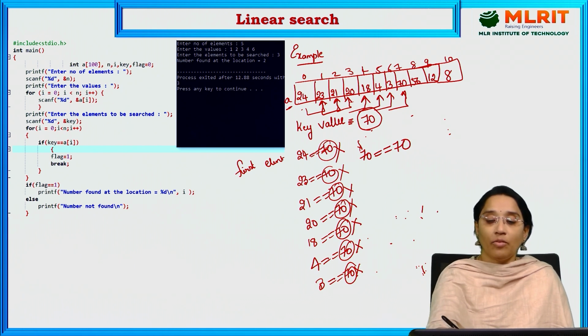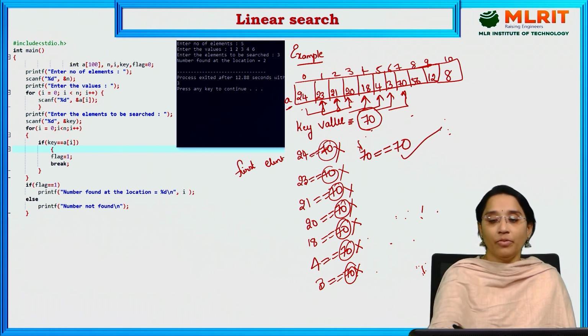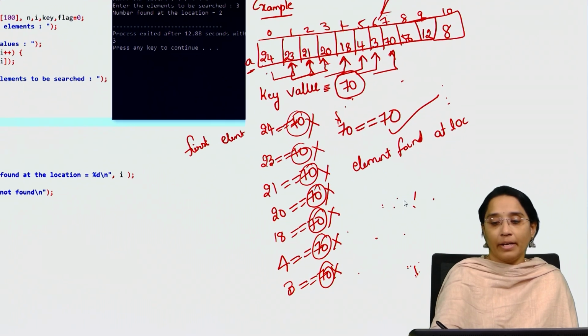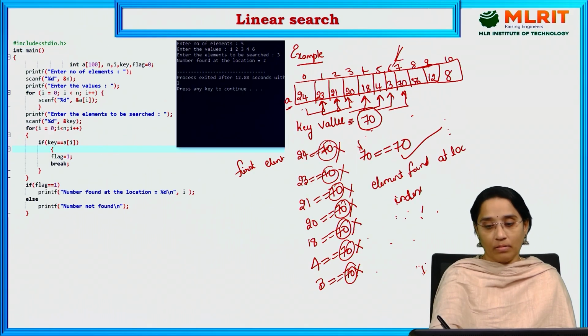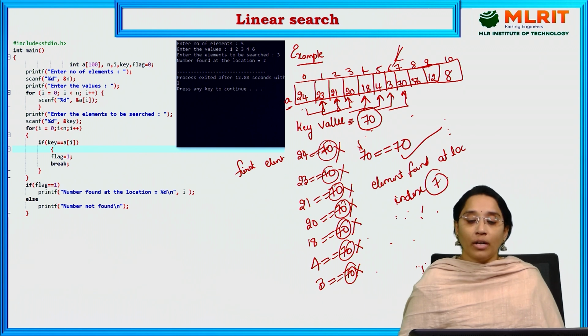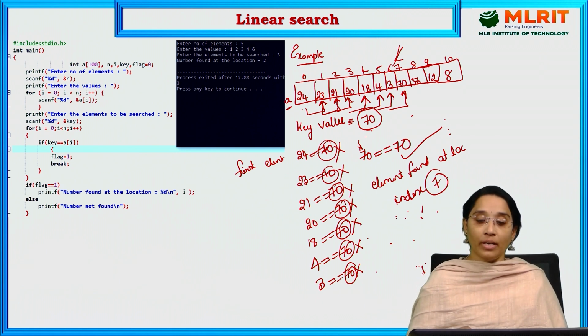Yes, 70 equals 70. Condition is true. Element found at the index 7. So this is what it should return: where you got that element, that index position, it should return.